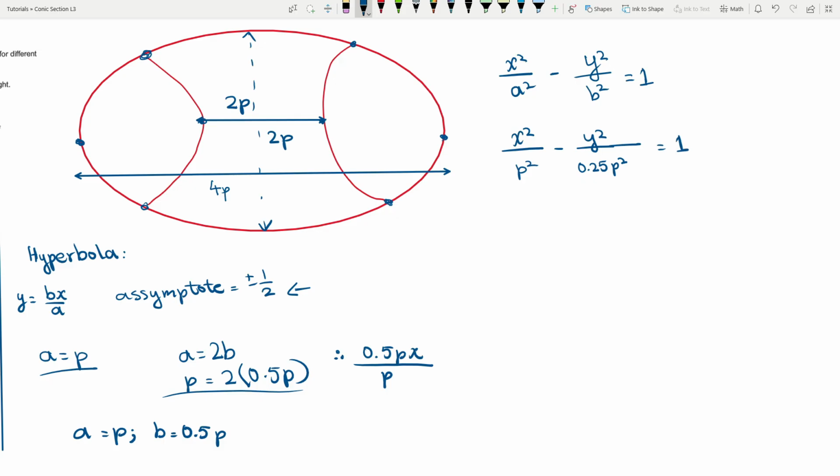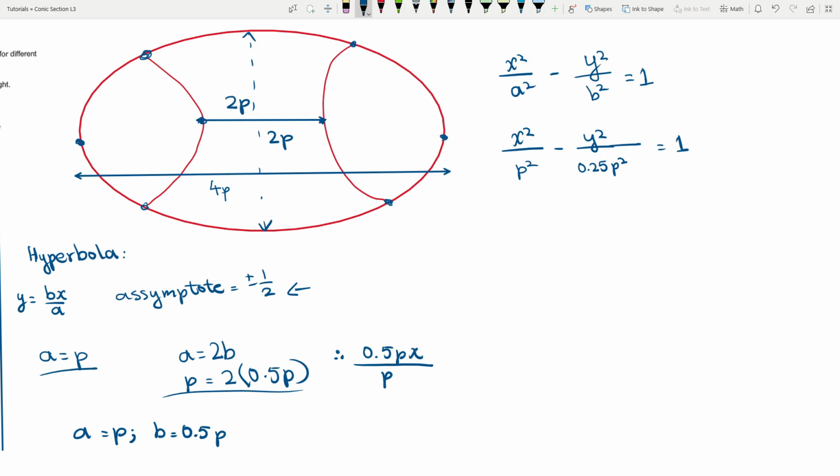So what we can do is make the denominator the same, because this is very similar to the last question, question 2, because we want to find these vertices. So we want to substitute the hyperbola formula into the ellipse formula.